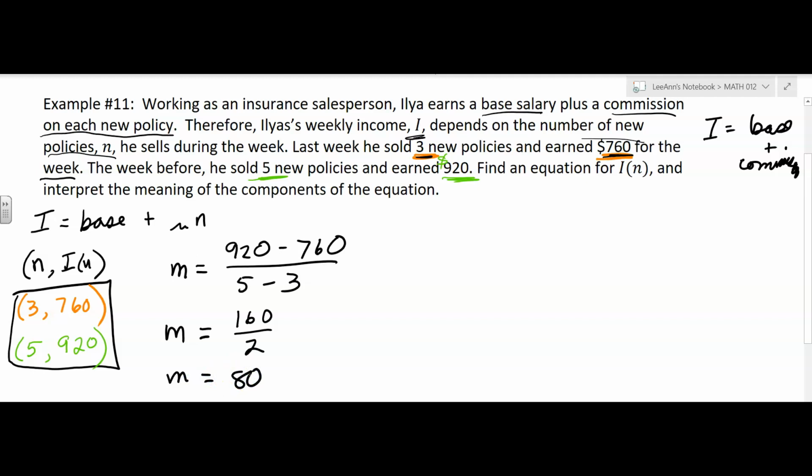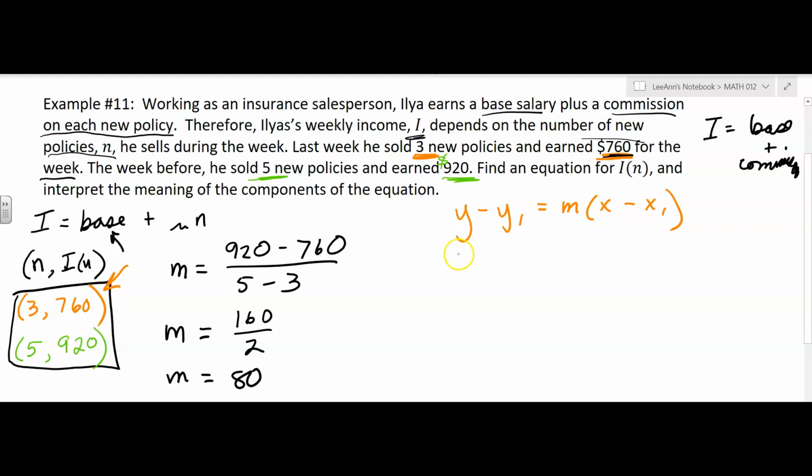Okay. So what I still don't know is what that base salary was. But I can use my point slope formula because now I have the slope and I already have points. So I'm going to use point slope. y minus y sub 1 equals m times x minus x sub 1. And then, let's see. Yeah, so we're trying to find this equation. Okay, I'm going to use this point here in orange. The numbers are smaller.